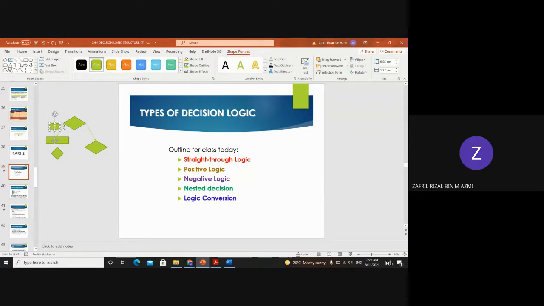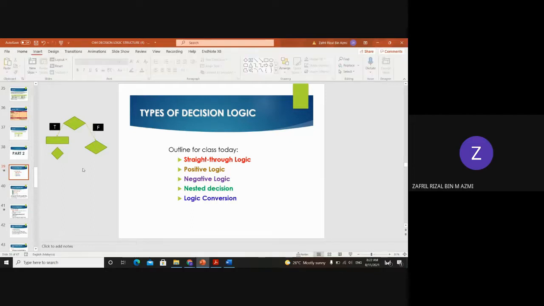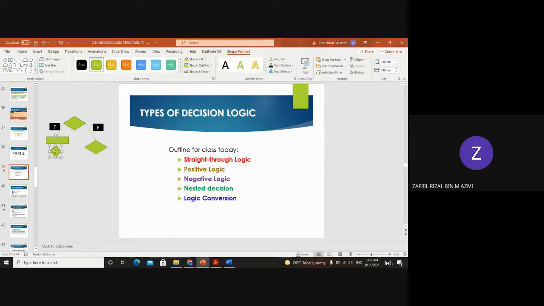This is true. So this is false. We put it over here only if it is not the same set of decision. If it is within the same sets of decision, we always put it in the false. So this is for positive logic.